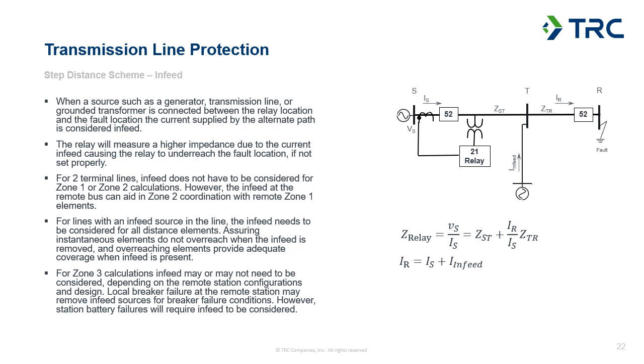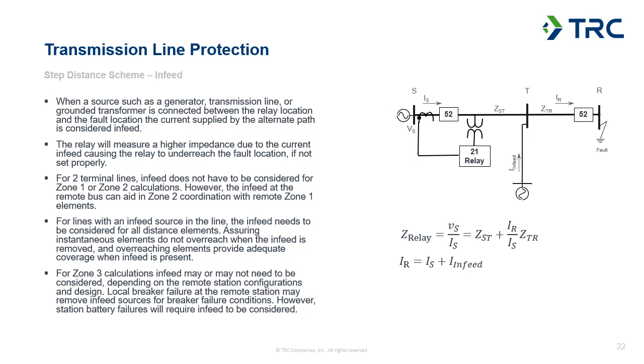And you can see from this that because IR is IS plus the infeed, that ratio is always going to increase the apparent impedance seen by the relay. So in general, when infeed is present, your apparent impedance for a fault is going to be higher than it was before.